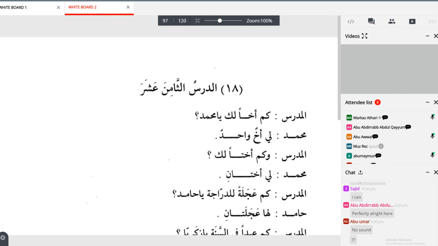As this word is singular, this word is also singular, this word has two dhammas, this also has two dhammas, this is mudhakkar, this is also mudhakkar. Good.